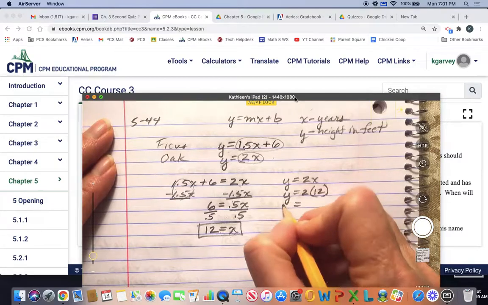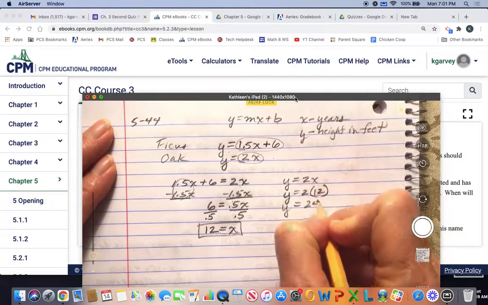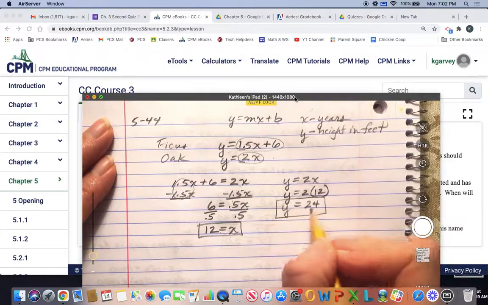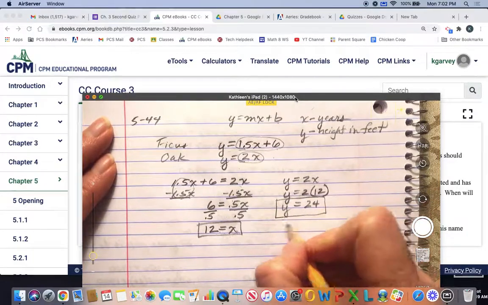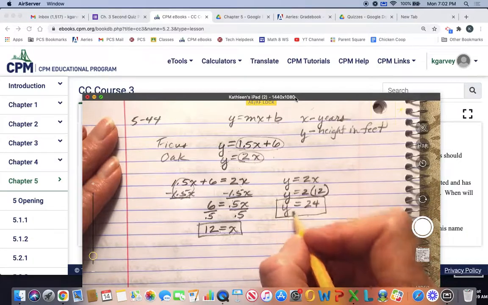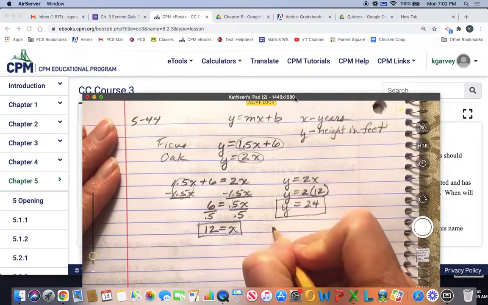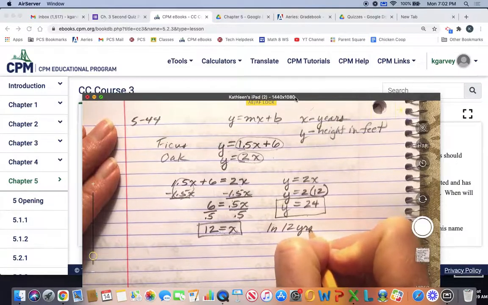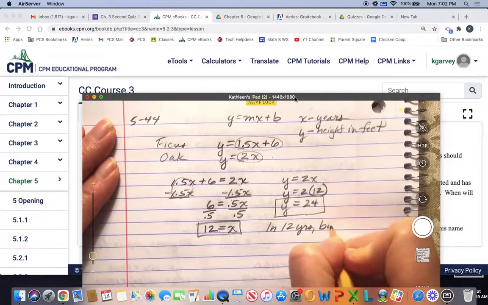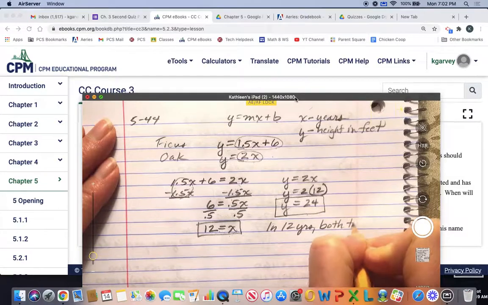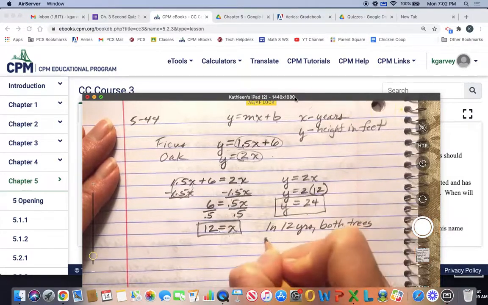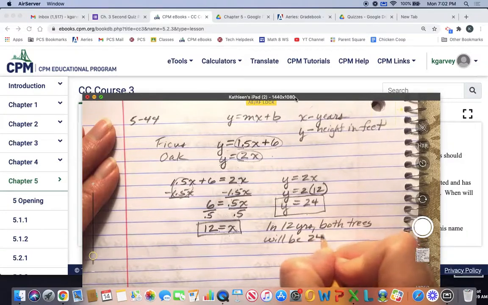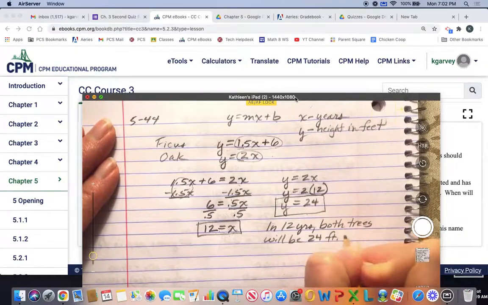So y is equal to 24. Okay, so when these trees are the same height, which is going to be 24 feet, it will be 12 years from now. So in 12 years, both trees will be 24 feet tall.